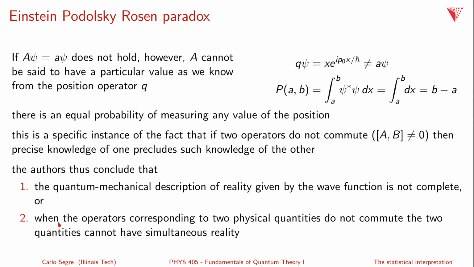Or, when the operators corresponding to two physical quantities don't commute, the two quantities cannot have simultaneous reality, right? Because you can't measure the position. So there's not a simultaneous reality of the momentum and the position. Or the other possibility is that there's something missing from this description of a quantum mechanical system.